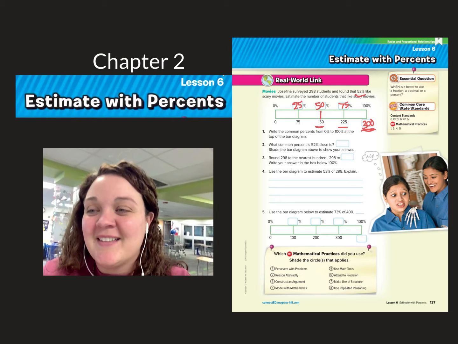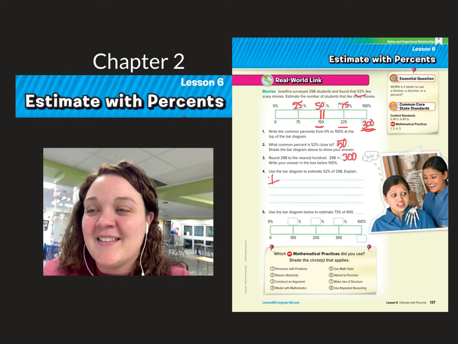So if I wanted to estimate 52%, we'd just say what common percent is close to 50%. So 298 is about 300. Write your answer in the box below. Use the bar diagram to estimate 52%.